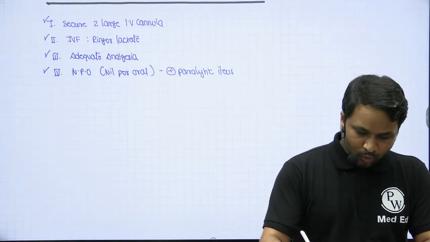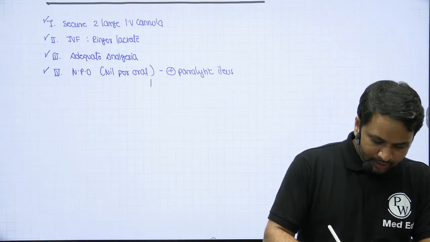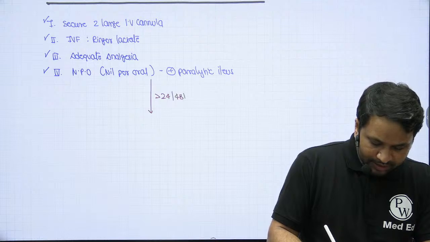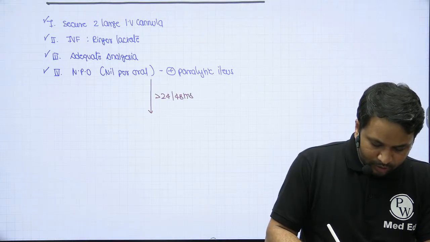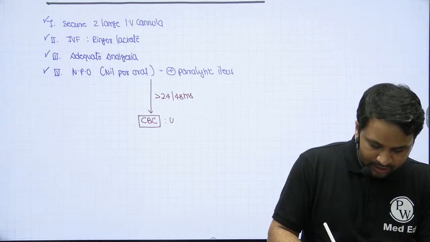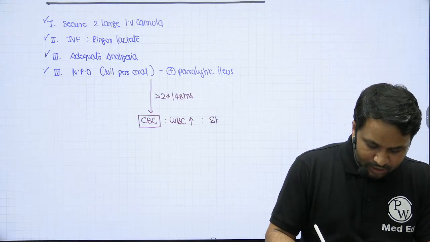Once you have given this, I am going to wait for 24 to 48 hours. After 24 to 48 hours, I am going to repeat the complete blood count, and in the CBC, if the WBC count is elevated, then I will start the patient on antibiotics.